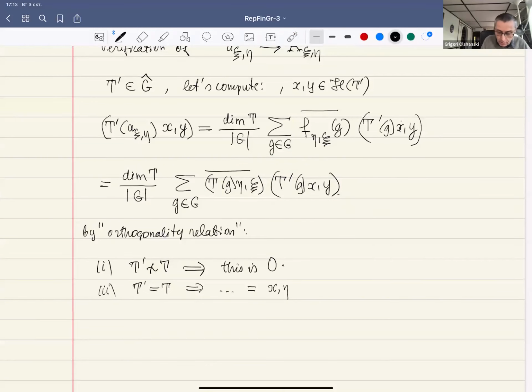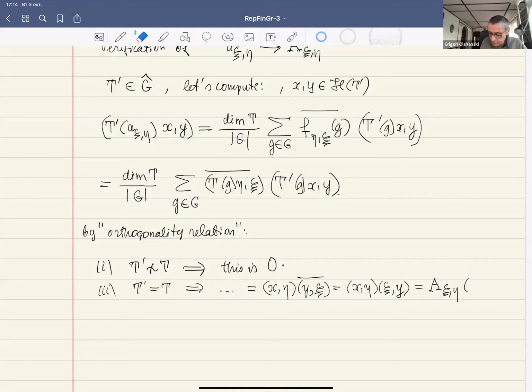And then we get that the result is equal to the product like this one. And this is the same as this one. And this is the same by the very definition of this operator.